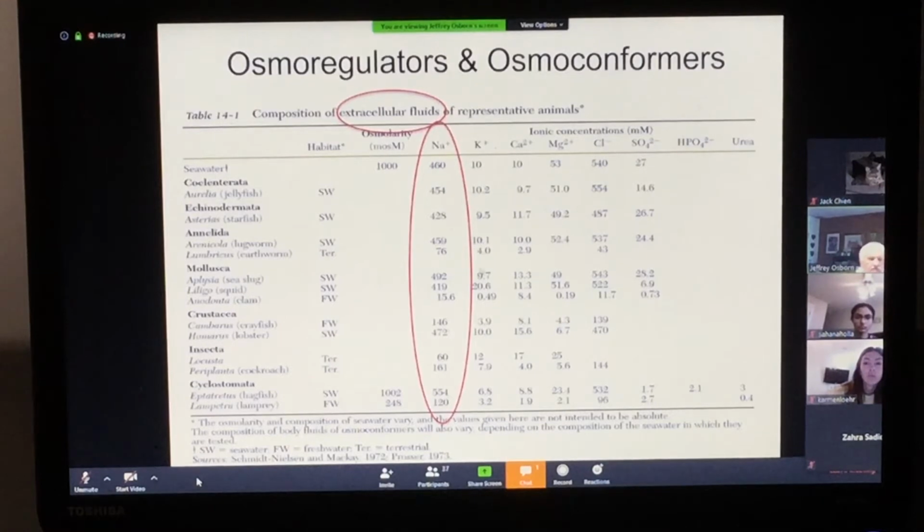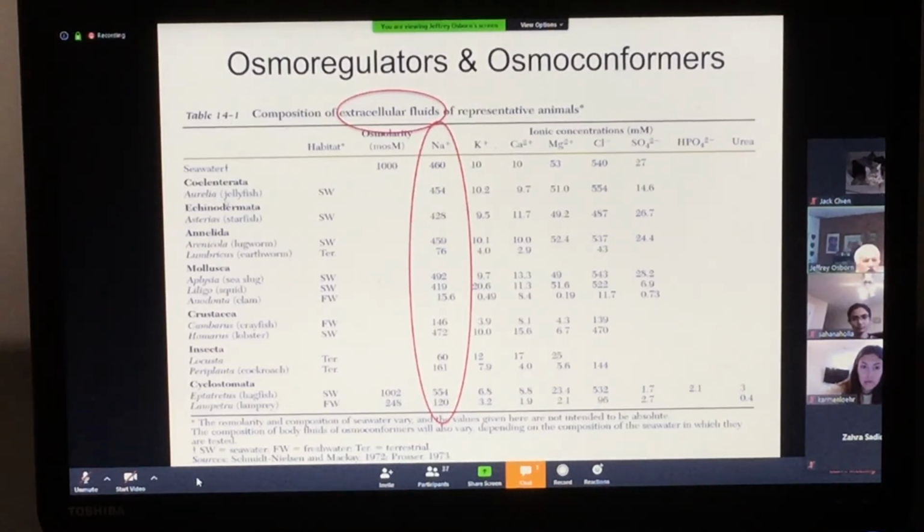osmoregulators. Now this slide just shows you some of the differences in internal sodium chloride concentrations of a number of different organisms. This is the composition of the extracellular fluid that these organisms live in. So seawater is about 460 millimolar of sodium.